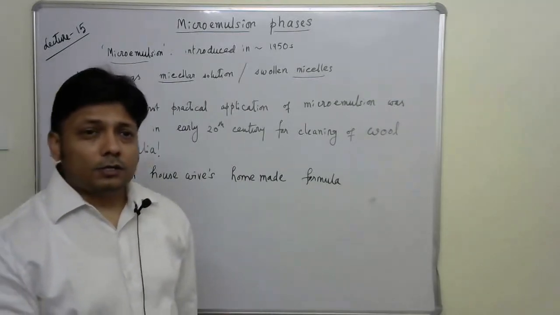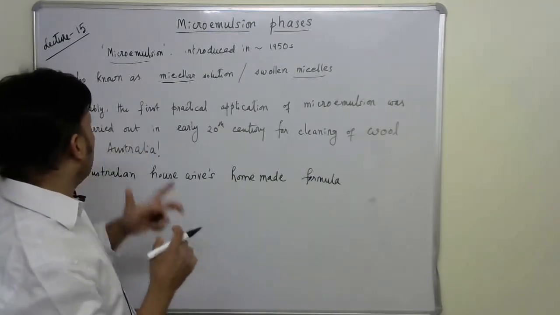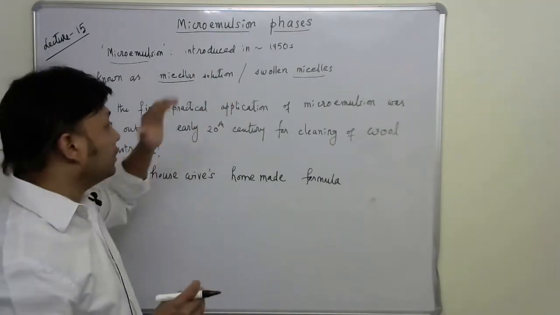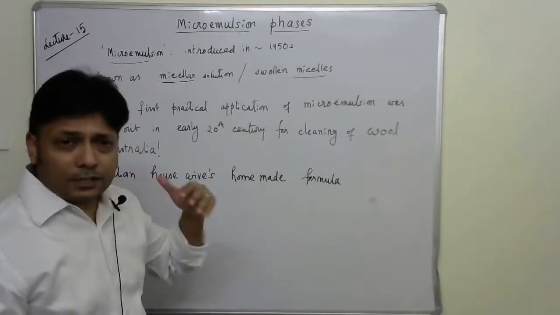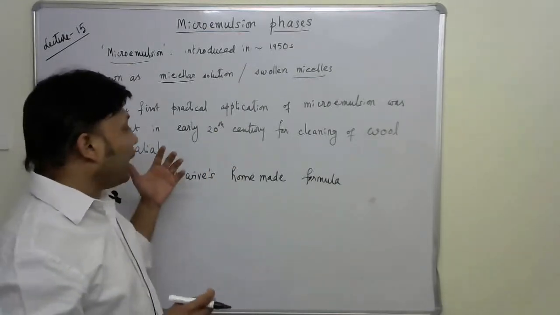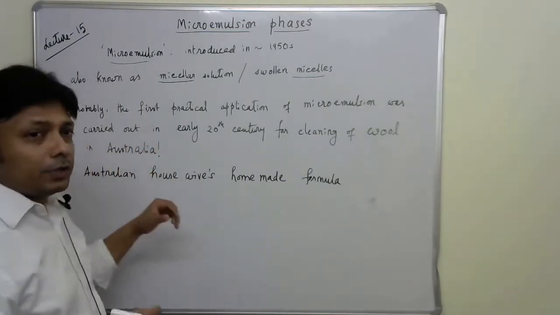But before that, there are some interesting facts about microemulsion I would like to share with you. Although scientific research involving microemulsion started from 1938 or the 1940s, it is believed that the use of microemulsion was in practice long ago.